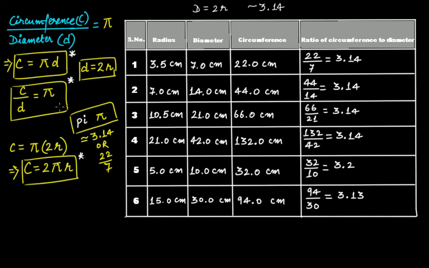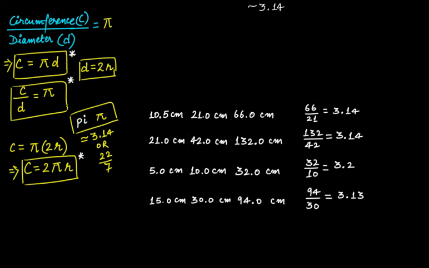So this is about the theoretical portion of the circumference of a circle. It's better that you do this activity at your home and then you can derive this one thing, that the ratio will be around this one only. Now remember this formula and let's quickly solve one problem, and in our next video we'll discuss more about problems on circumference of a circle.